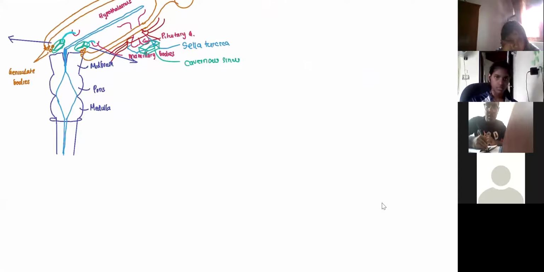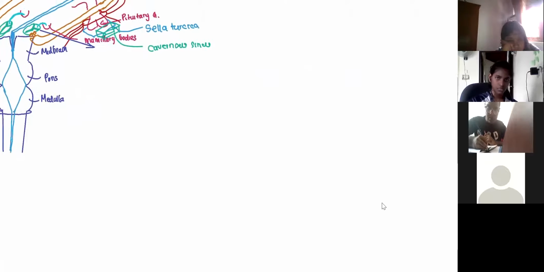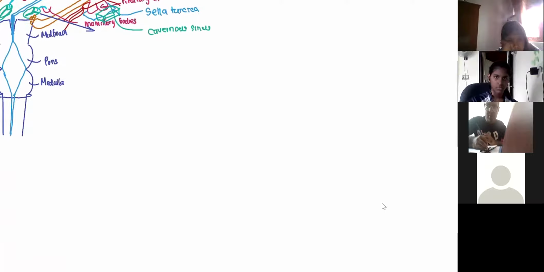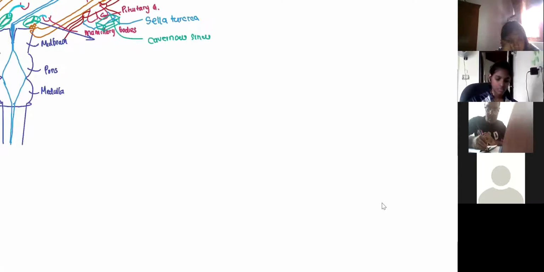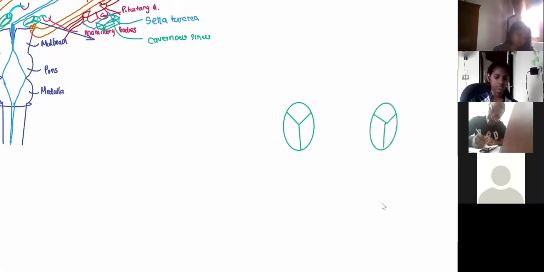So basically what we are going to draw now, the first structure, the guiding structure, is always going to be the thalamus. Can someone tell me what is in the middle of the thalamus? The two thalami? Over here, what is in the middle of the two thalami?